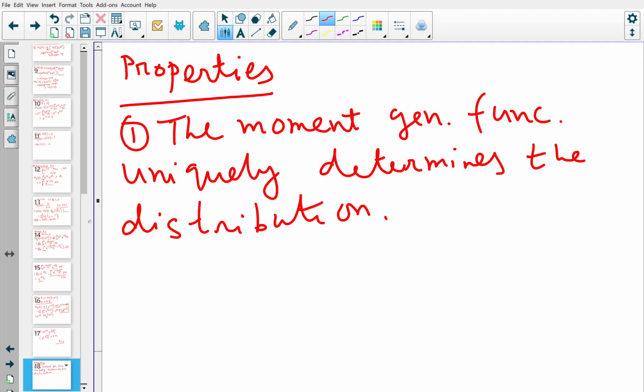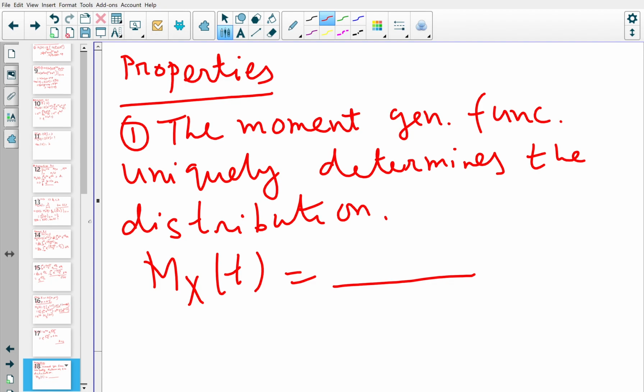That means suppose you have a moment generating function, and then you check whether it is matching with some of the known ones or not. And if it is matching with, say, binomial, then this X must be a binomial random variable. And you can also see that for every random variable the moment generating function is unique. Okay, so this is a very important property.